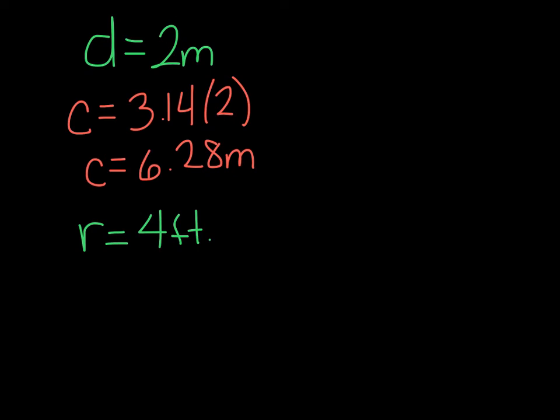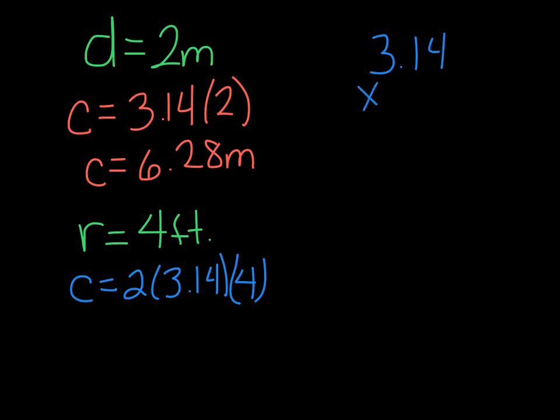Okay, so for this one, the circumference would equal 2 times pi, 3.14, times 4. Now, today I'm going to be doing a lot of multiplying for the radius, so you could just do that over here, 3.14 times 2, which is 6.28.